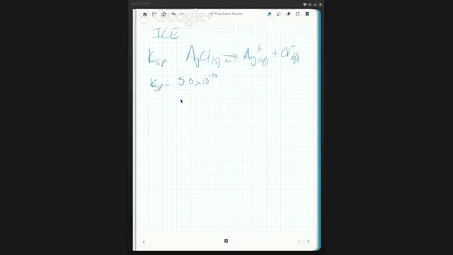And so if you're going to set up an ICE table, the Ag for the solid, it doesn't matter because it's not a part of this situation. And so you start off with, let's just say, 0 and 0, you're dropping it in there and you want to see what the molar solubility would be. Well, you're adding an S to each one.